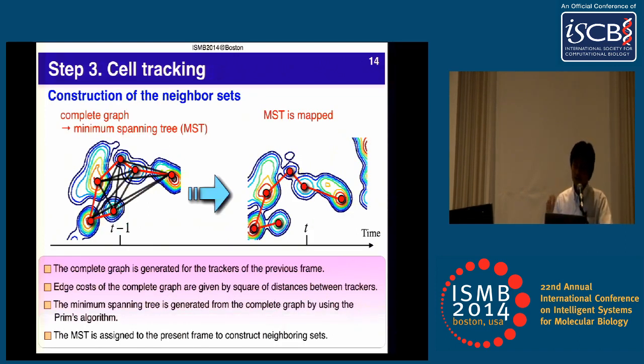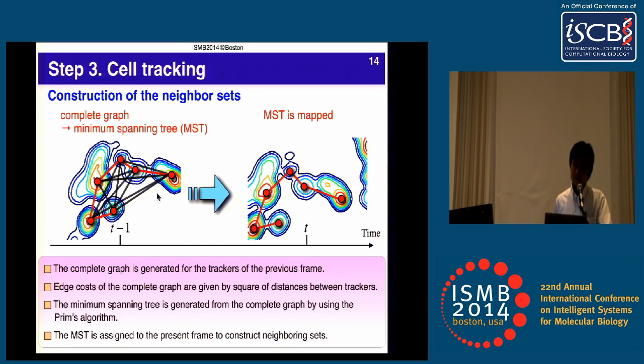These slides show how we construct neighbor sets at each frame. At first, we generate a complete graph for trackers at the previous frame. The edge cost of the complete graph is given by the square of distances between trackers.